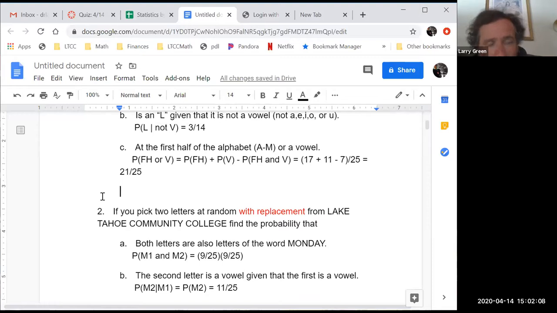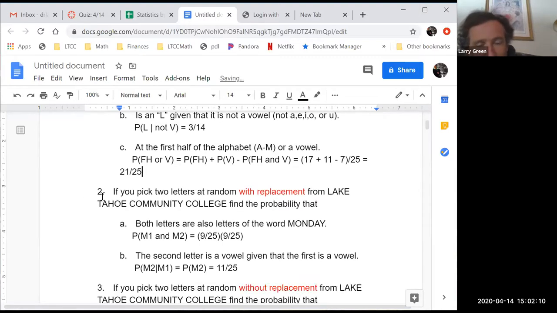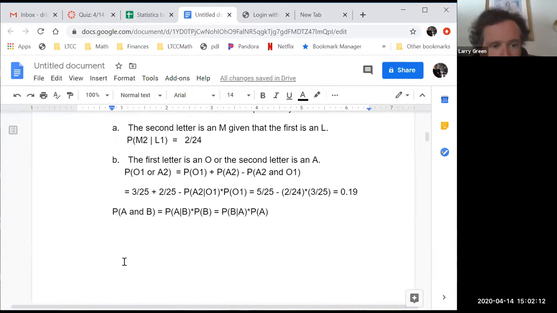Let's do this. Okay, what is the probability both letters are E's? Let's see if you can figure that one out. So what is the probability that both letters are E's? Let me write it this way, it might help you.